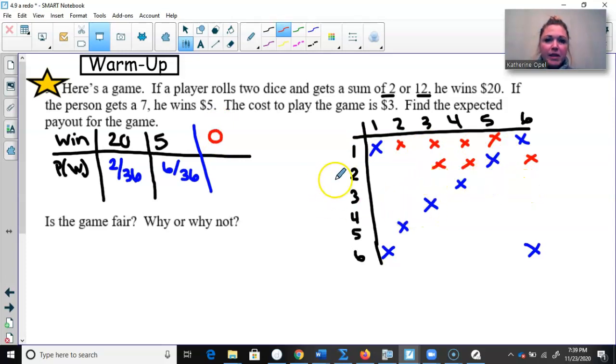We're going to do 36 minus 8, which is 28. If I did all these red X's, I would get 28 of them. I know it doesn't look like it, but we would, because we already have 6, 7, 8. We need 28 more for a total of 36. So 28 out of 36.